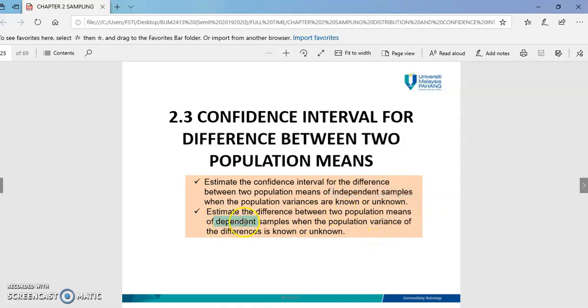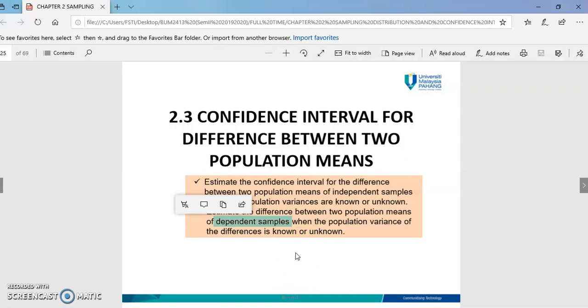For dependent sample, we still have two data, but those two data we get from similar people, similar subjects.